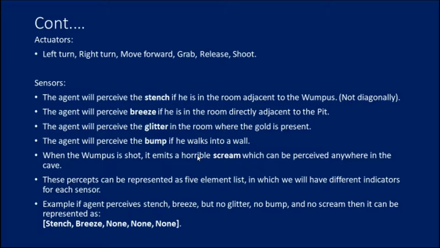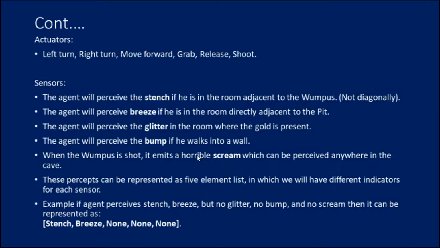Next, what are the actuators here? Actuators can be left turn, right turn, move forward, grab, release, and shoot. The sensors: the agent will perceive a stench if he is in a room adjacent to the Wumpus, not diagonally. The agent will perceive a breeze if he is in a room directly adjacent to a pit.